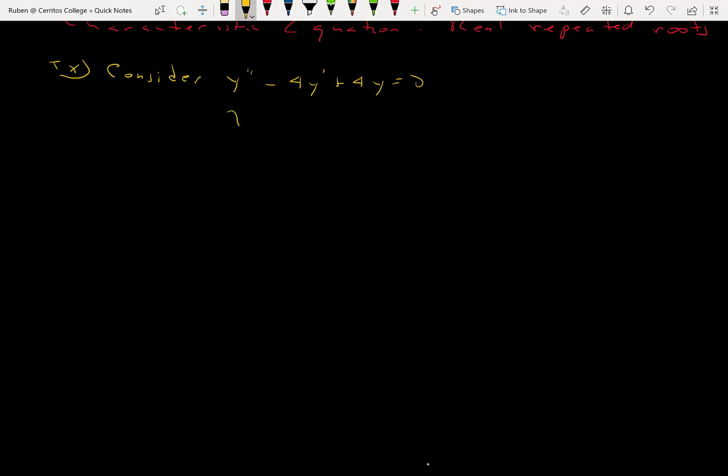The auxiliary equation will be lambda squared minus 4 lambda plus 4 equals 0. Let's solve this. If we factor, we get lambda minus 2 times lambda minus 2 equals 0, or lambda minus 2 squared equals 0.